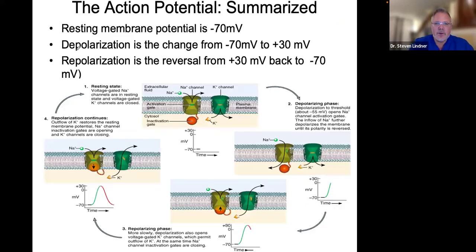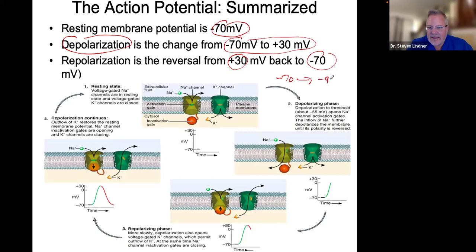So in overview, the resting membrane potential is -70 millivolts. When you're going from -70 to +30, that's called depolarization. Repolarization is when you're going from +30 back to -70. What is it called if we go from -70 to -90?